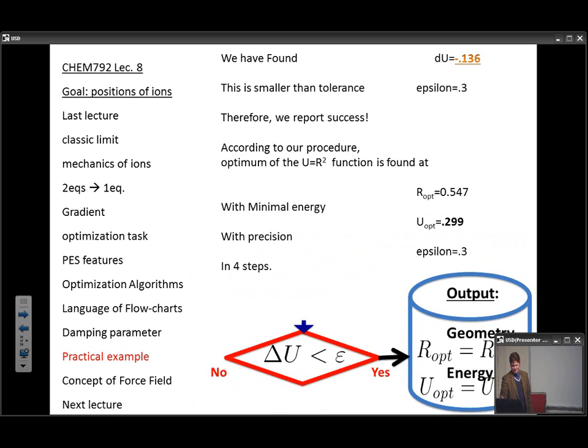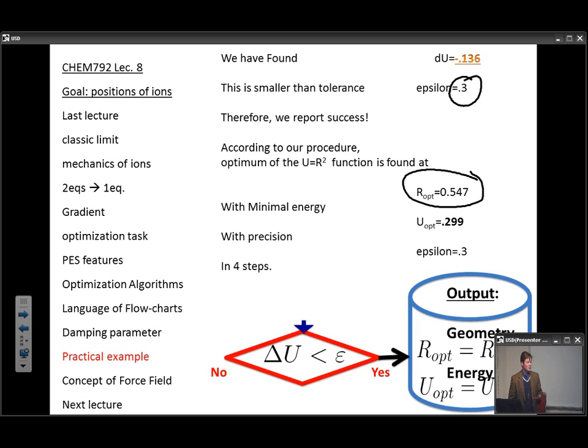Okay, and we are reporting that with this precision, we have found that the optimal geometry of our unknown potential energy surface is when the position is equal to 0.547.